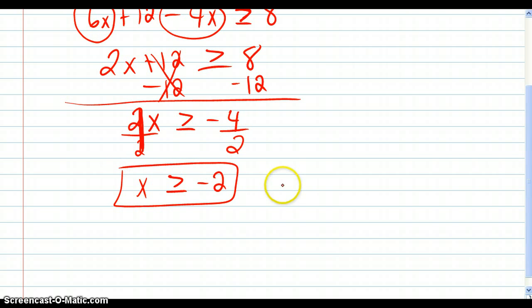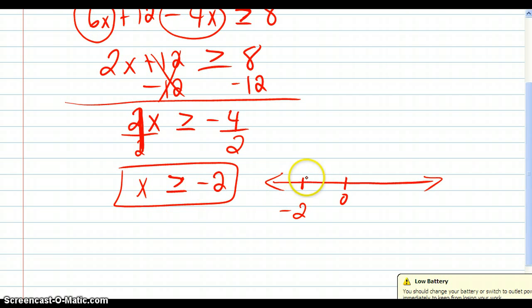There's your answer. How do you graph this? Let's see. Make a line. 0's here. Negative 2 is on the left side, so negative 2. It's pointing to the what? To the right. So everything to the right will be colored. This is a long dark line. Now look, it has a little line underneath. So that means we need to color this in.